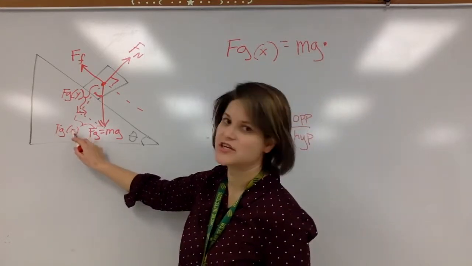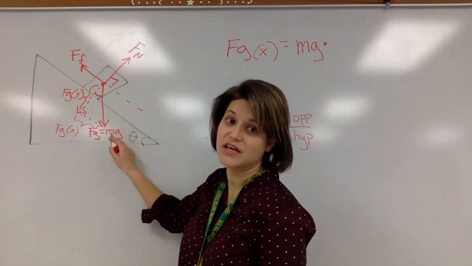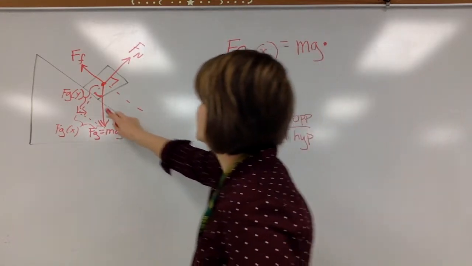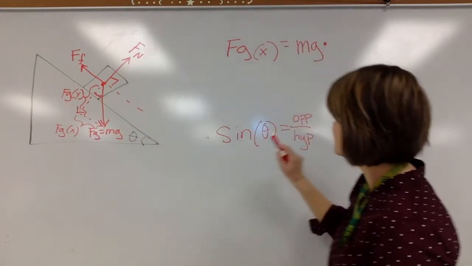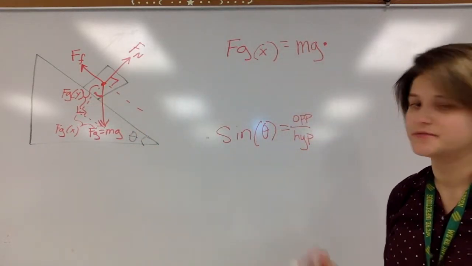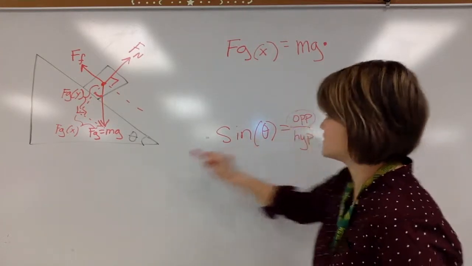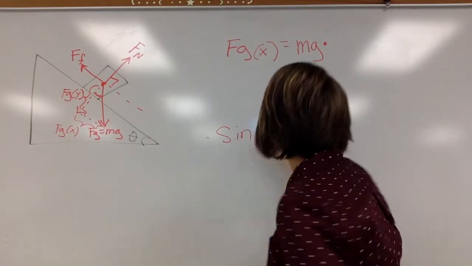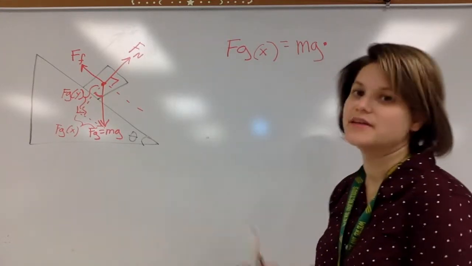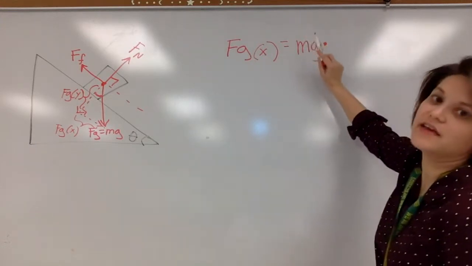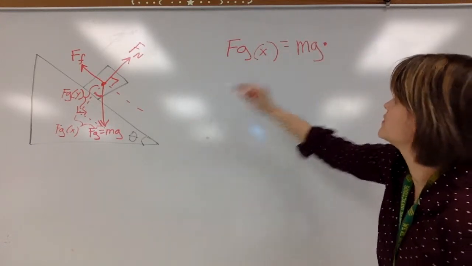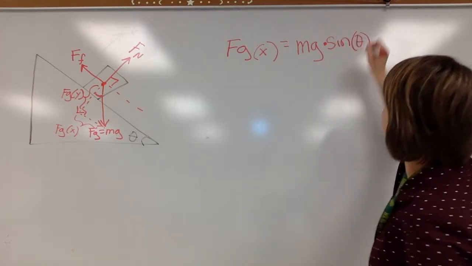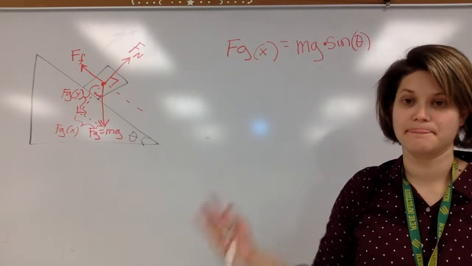Well, Fgx is the opposite. Fg is this hypotenuse here. So sine of theta, remember theta and theta, those are congruent. Sine of theta is opposite over hypotenuse. So if I want then to find the opposite, which is my Fgx, sine of theta times hypotenuse. So that's the step that I'm doing to get this. Fgx is mg, the hypotenuse, times sine of theta. That's the equation for it.